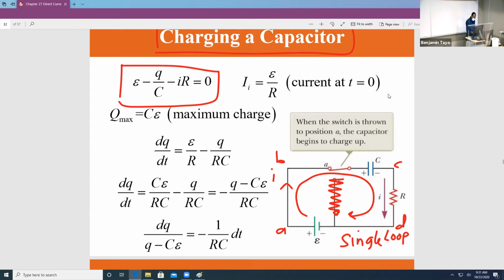Now remember that at any time, the charge in the capacitor is given by this equation here. So the voltage across the capacitor is Q over C. That's why you see this value right there is Q over C.